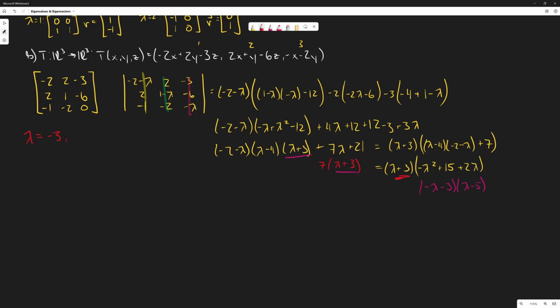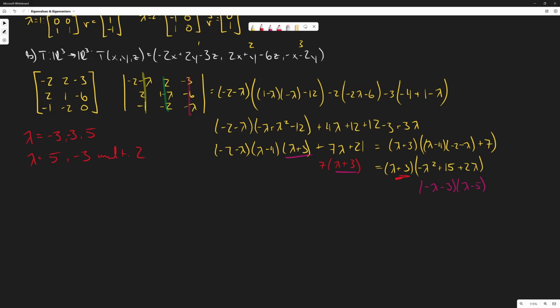And then we'll have 5 and 3. So 3 and 5. Wait, no, this would be negative because it would be negative 3. Yeah. So we'll have 5 and negative 3 with a multiplicity of 2.